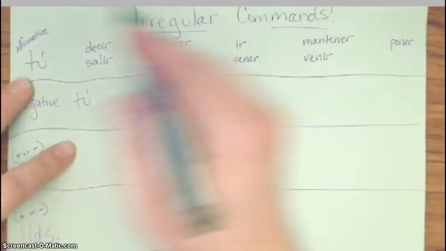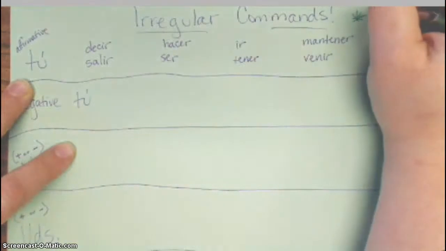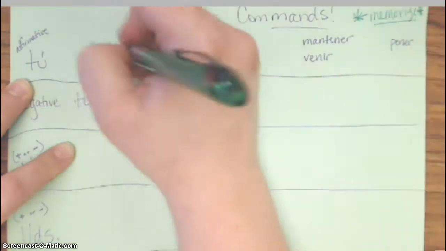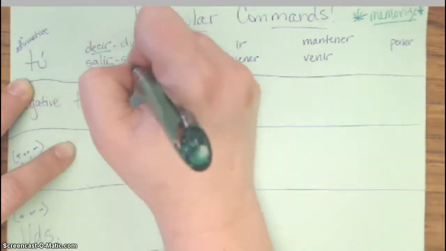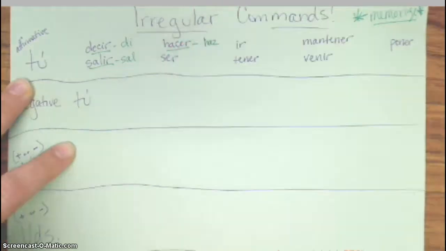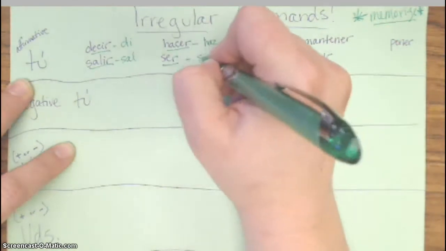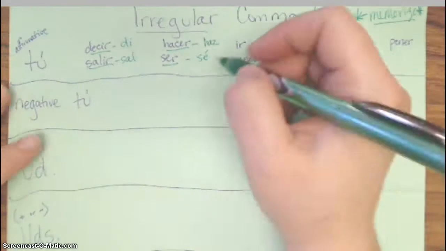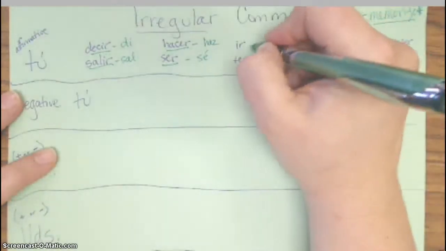Okay, so the affirmative tú irregular commands that you need to memorize are decir, which becomes di, salir, which becomes sal, hacer, which becomes haz with a Z, ser, which becomes sé with an accent. That's one of the only accents we'll actually have without having a pronoun on the end of it. Ir, which becomes ve.